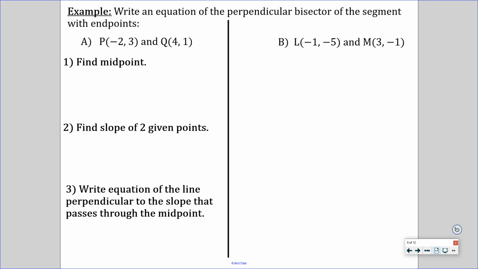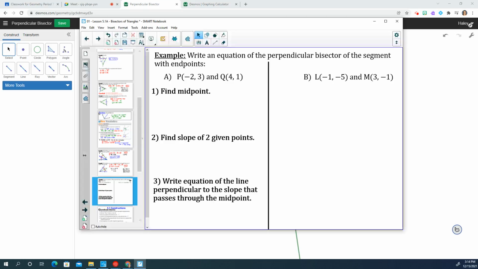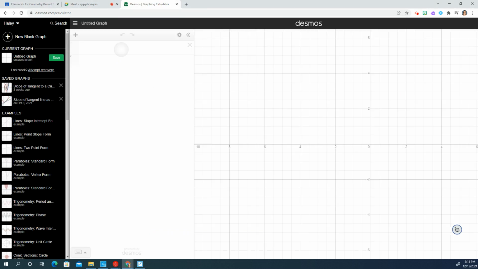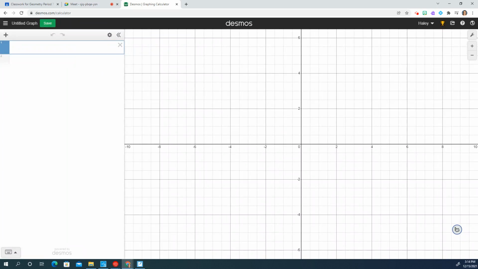It says, write an equation of the perpendicular bisector of the segment with these endpoints. Okay, I'm going to graph these on Desmos. We have an endpoint at -2, 3.